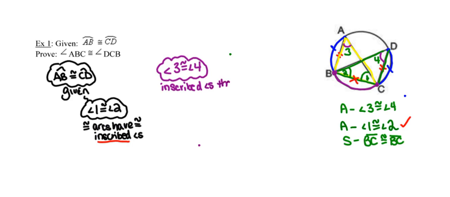Inscribed angles that intercept the same arc are congruent. And again, that word inscribed is really important. Segment BC is congruent to itself by the reflexive property.